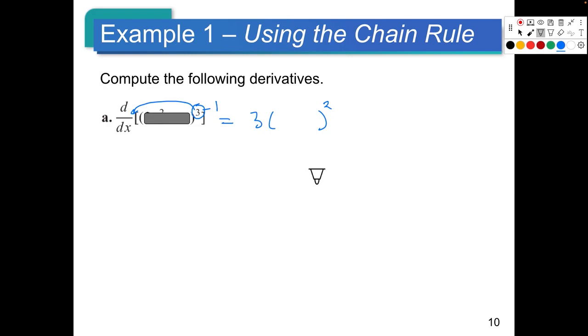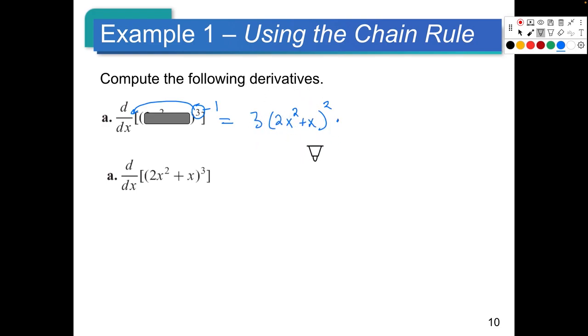That's the outside. For the second part, we need to know what's inside there. So we'll show you. So really what's in here? Well, it's just copying whatever was on the inside. And then the second part of the chain rule is to now take the derivative of that inside stuff, right? And we can see, okay, it's right there.